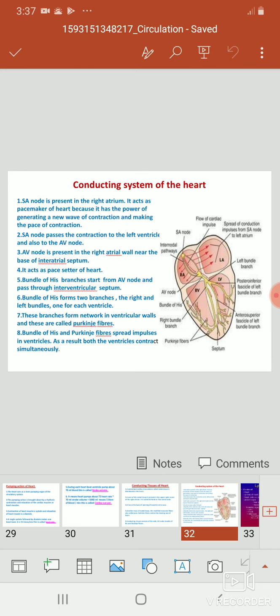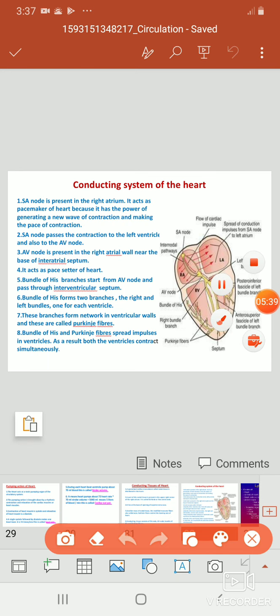The SA node is present in the right atrium. It acts as the pacemaker of the heart because it has the power of generating a new wave of contraction and setting the pace of contraction.